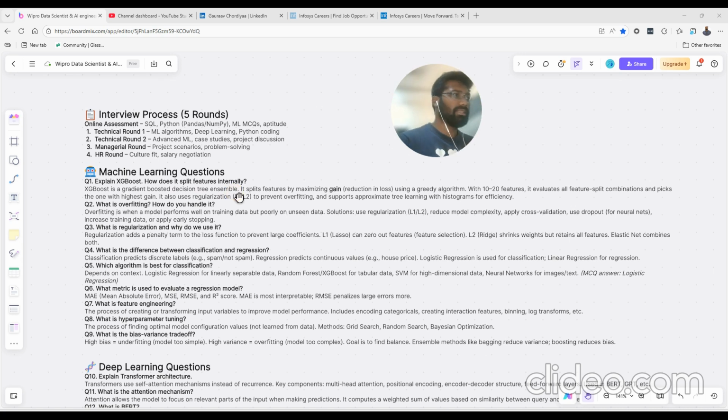It is an ensemble learning method, based on gradient boosting, and built from decision trees. It splits features by maximizing gain, the reduction in loss, using a greedy algorithm. It evaluates all the feature split combinations and picks the one with the highest gain.